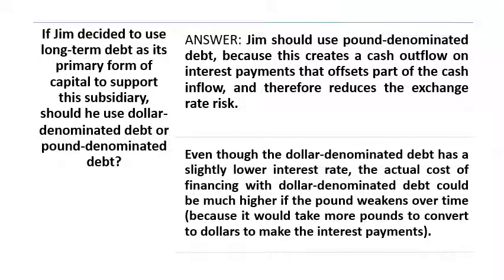Even though the dollar-denominated debt has a slightly lower interest rate, the actual cost of financing with dollar-denominated debt could be much higher if the pound weakens over time, because it would take more pounds to convert to dollars to make the interest payments.